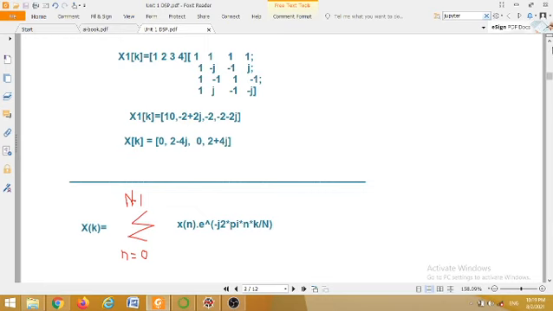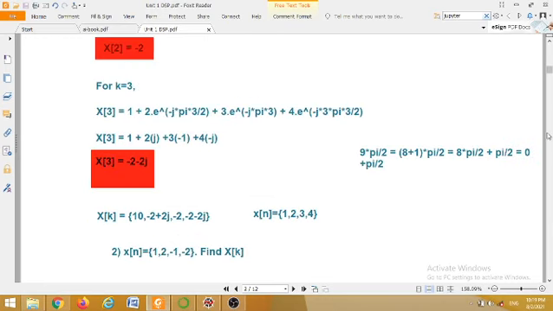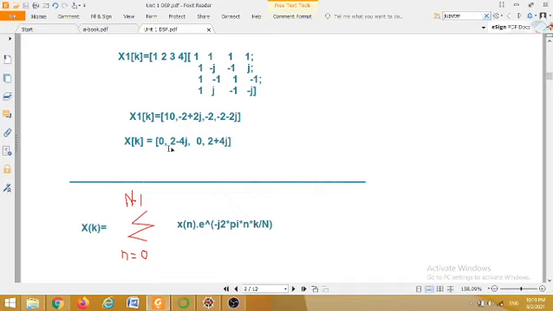And for the sequence 1 2 minus 1 and minus 2, X of k is found as 0, 2 minus 4j, 0 and 2 plus 4j. We also have the matrix form method to find the DFT.